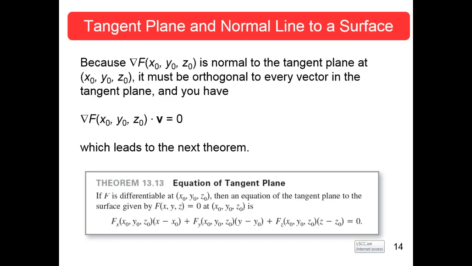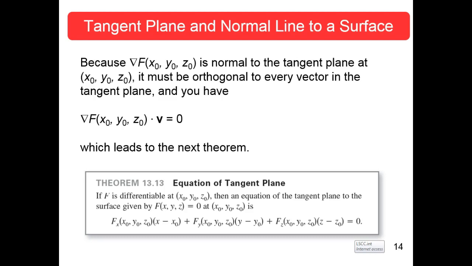So the equation of the tangent plane, if f is differentiable at x0, y0, z0, that means it can't have a gradient of 0 vector there.